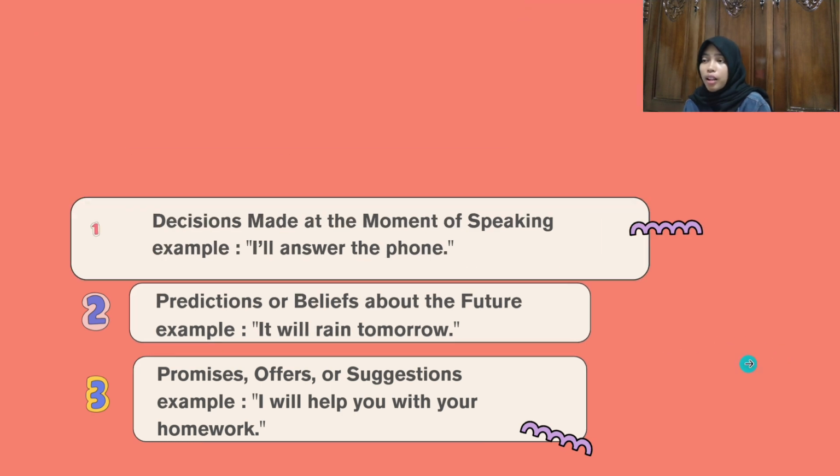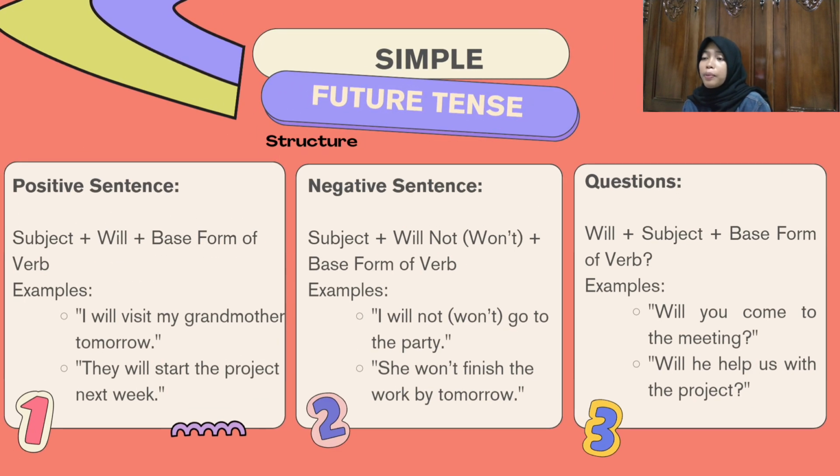Okay, next. In simple future tense, we have structure. For positive sentence, we use subject plus will plus base form of verb. With examples, first example is I will visit my grandmother tomorrow.